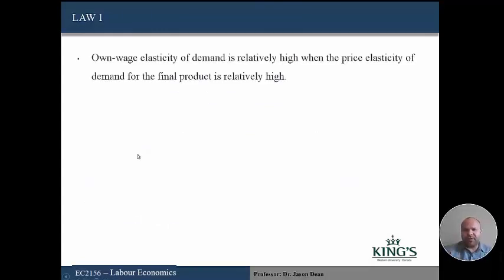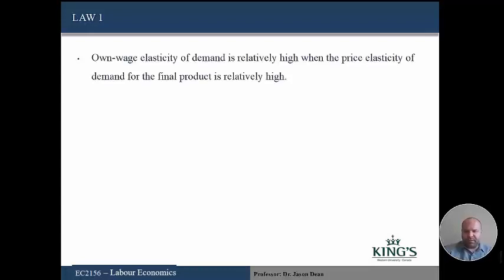So for the first law, we're saying that the own wage elasticity of demand is relatively high when the price elasticity of demand for the final product is relatively high. Well, this is easy to conceptualize.